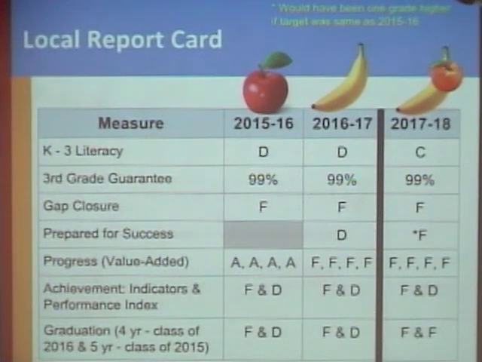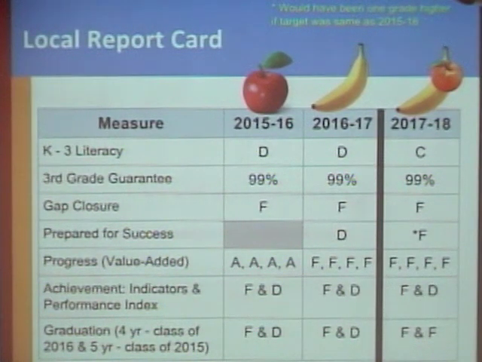Under Mary Kelly's leadership, the humble leadership of Mary Kelly over there, our 3rd grade guarantee, we hit 99% of promoting students on to third grade after incredibly intensive reading intervention during the year, and having nearly one-to-one type of intervention plus summer school where we continue to work with students.